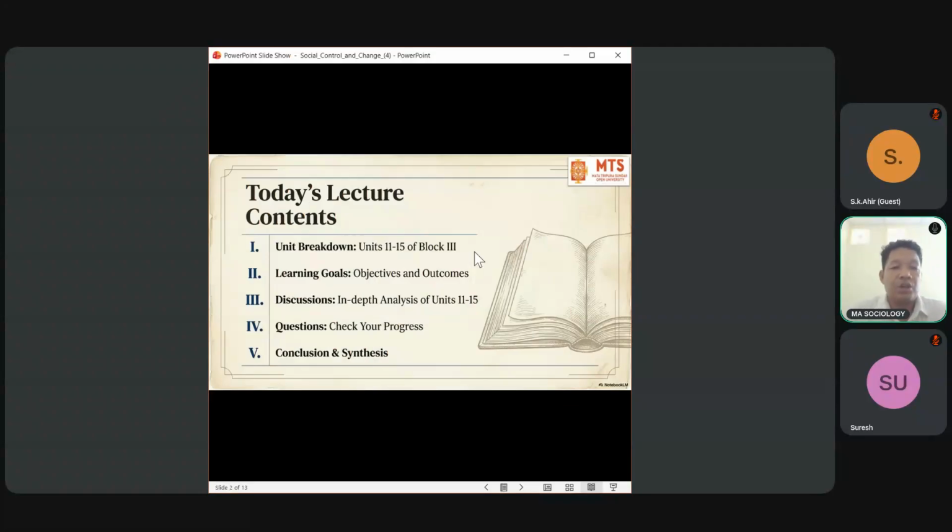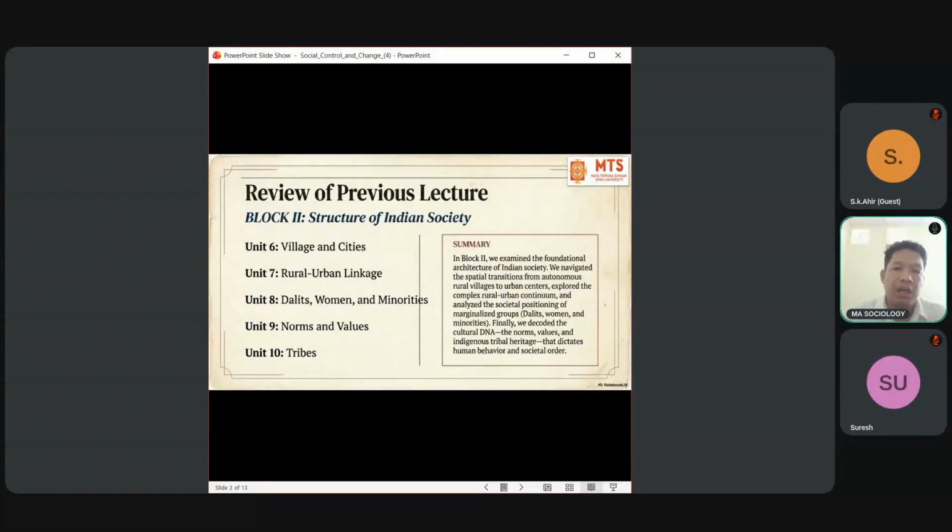Today's lecture will cover learning goals, objectives and outcomes, an in-depth analysis of units 11 to 15, questions that is check your progress, and then the conclusion and synthesis of the blocks.